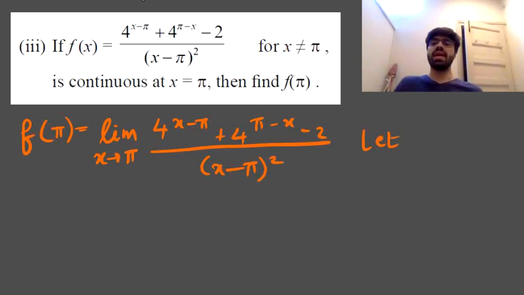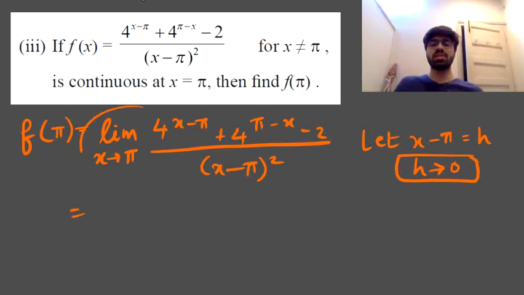Now we will take x minus pi as h. So if x minus pi will be h, we know that x tends to pi, that is x is approximately equal to pi. If x is approximately pi, x minus pi means h will be approximately equal to 0. If h is approximately 0, we can say h tends to 0.